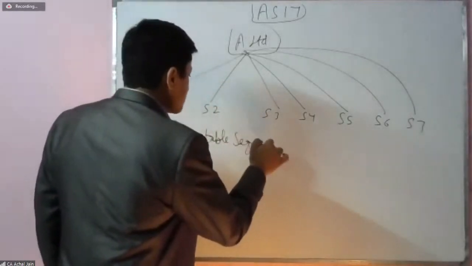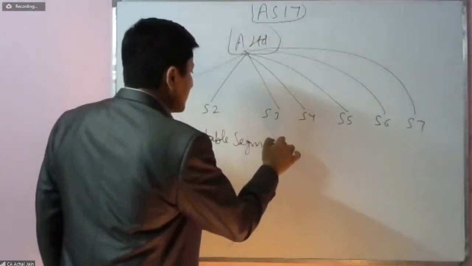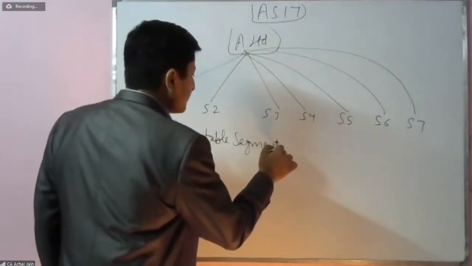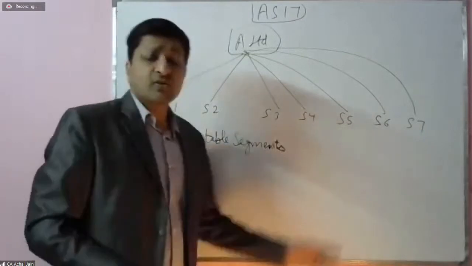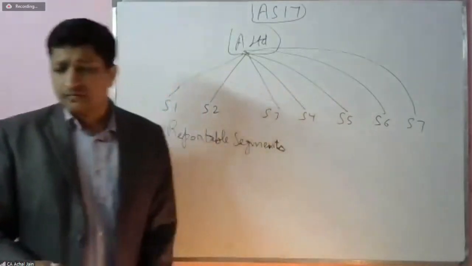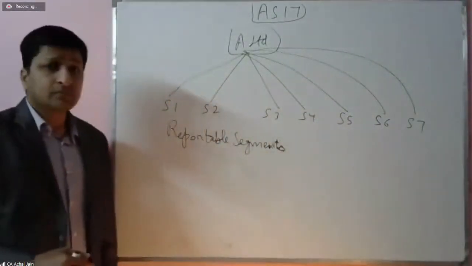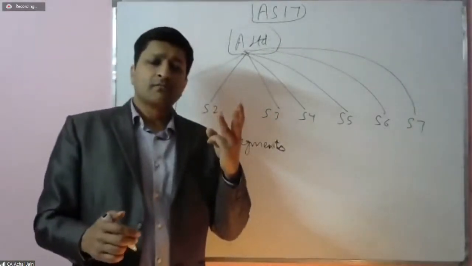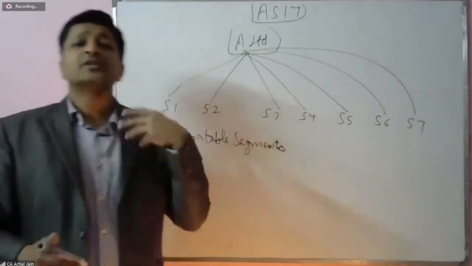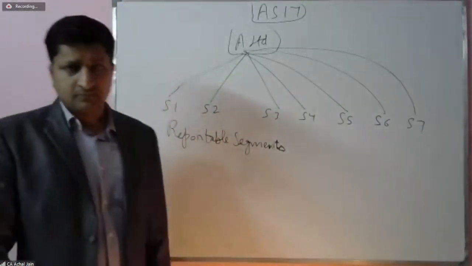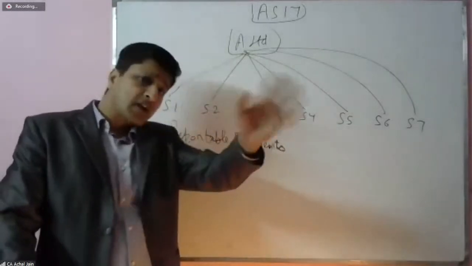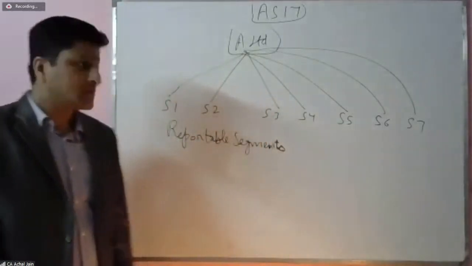Reportable segments. By reportable segments, we mean if an entity has got, let's suppose, 7 segments, of which only 3 segments are the ones for which disclosures are required. Means for the other 4 segments, disclosures are not required in the financial statements.